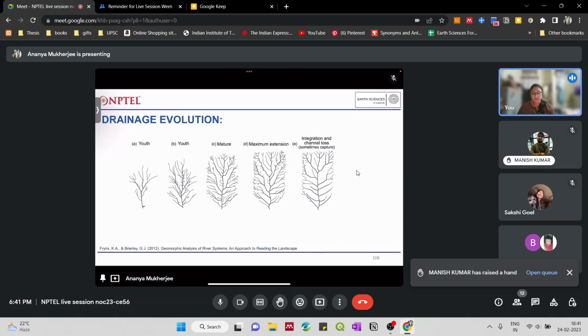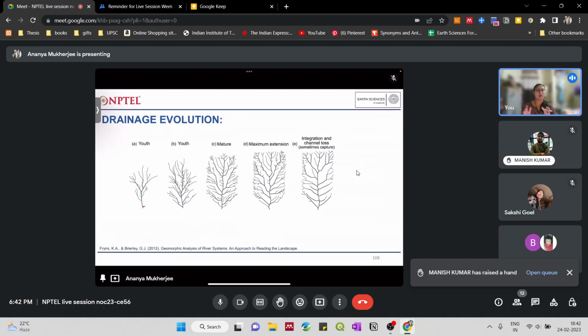Then after a while, the channels are going to get bifurcated into more smaller channels, the main channels or the tributaries. The nature of the channel pattern also changes a little. From straighter, it will start getting more sinuous in nature.